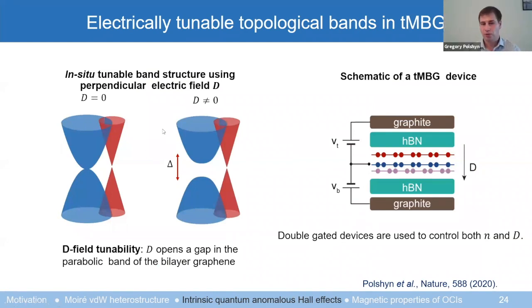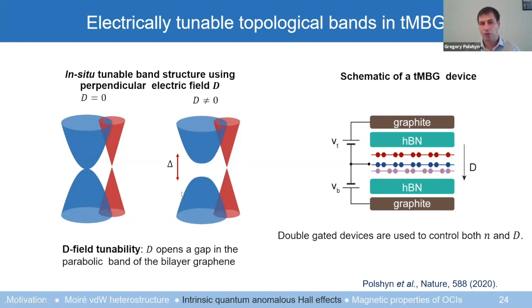Well, this structure has another great advantage: we can tune the electronic band structure using a perpendicular displacement field, D. This can be seen from the following. The low energy bands here arise from the hybridization between the parabolic band due to the bilayer and the Dirac cone due to the monolayer, right? And it's a known fact that if one applies a perpendicular electric field, this will open a gap in the parabolic band of the bilayer.